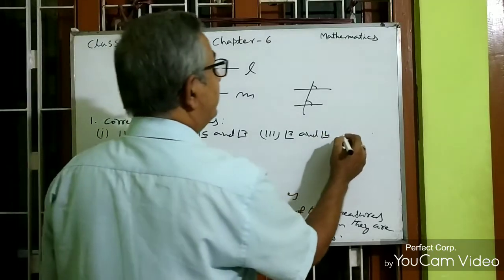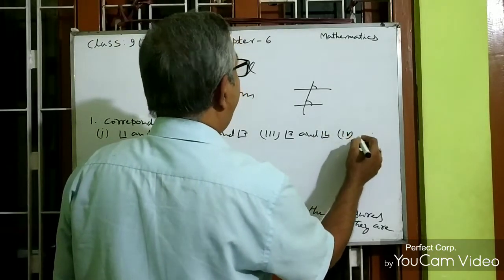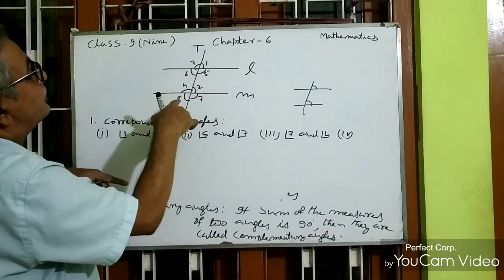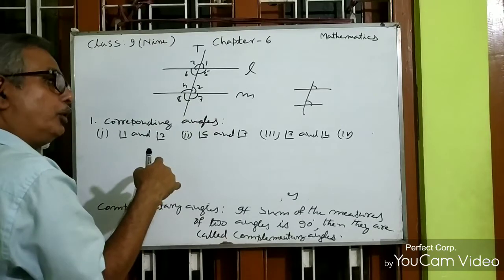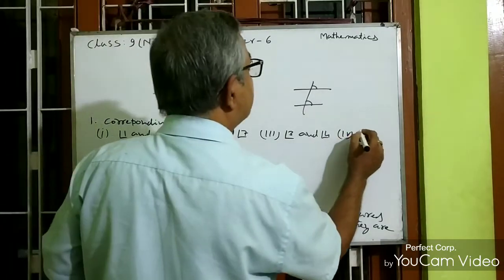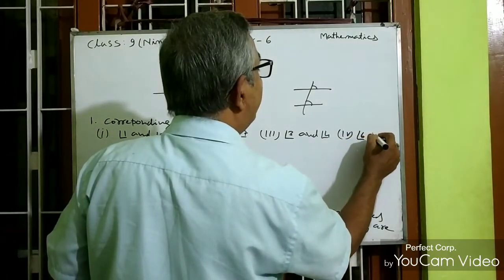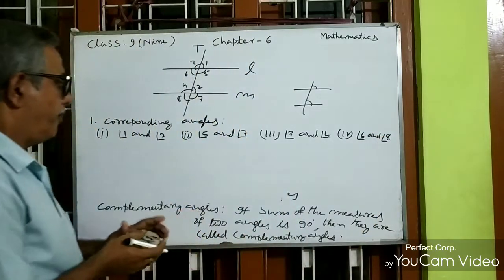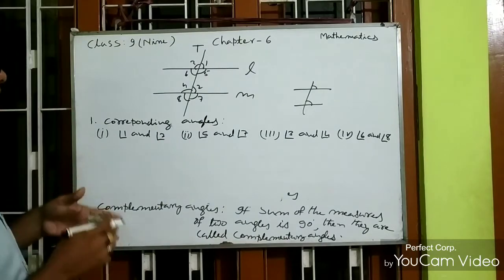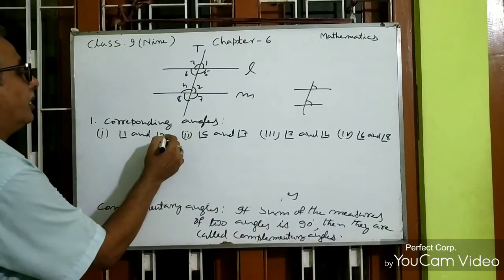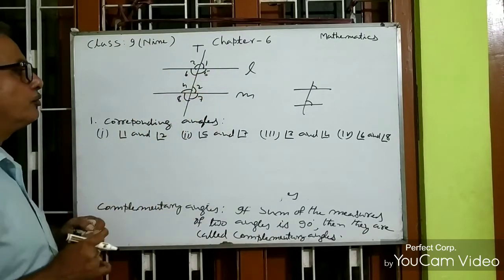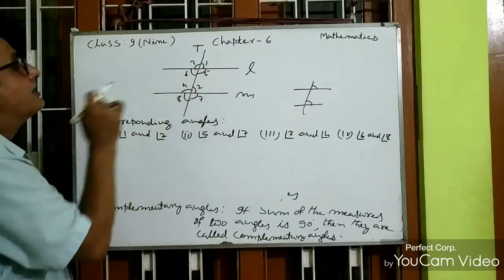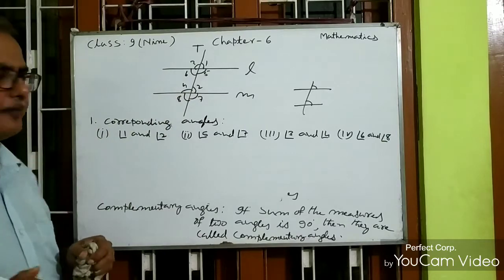Now one more you see, angle 6. 6 is below the above line, so here 8 is below the below line. So angle 6 and angle 8. They are pairs of corresponding angles. Which are pairs of corresponding angles? You see, angle 1, angle 2, then angle 3, angle 4, then angle 5, angle 7, then angle 6, angle 8.